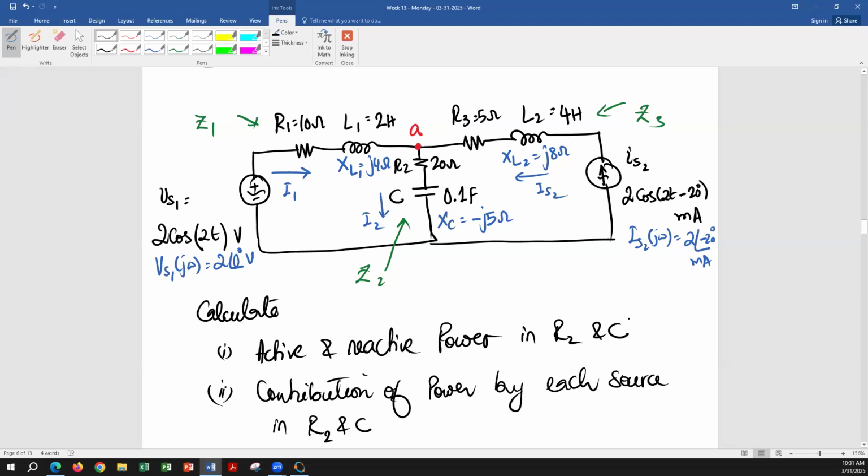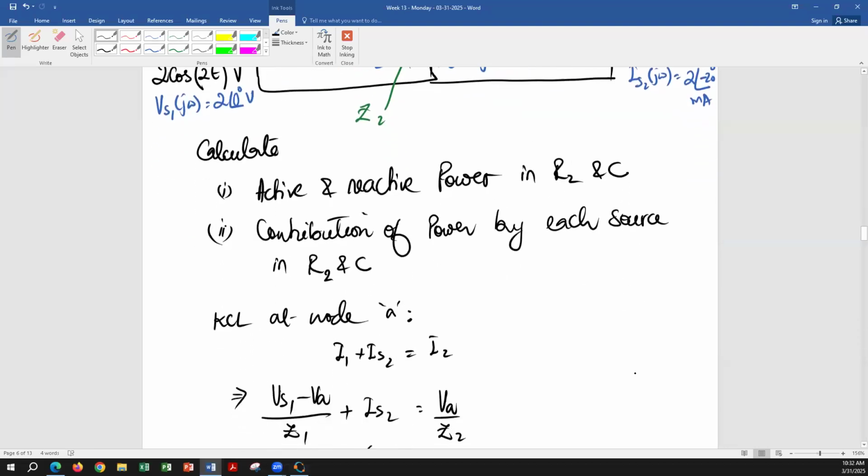When we deactivate VS1, we short the source. So R1 and L1 will appear in parallel to R2 and C. First we're going to redraw the circuit so that we don't make any mistake, and then go from there.